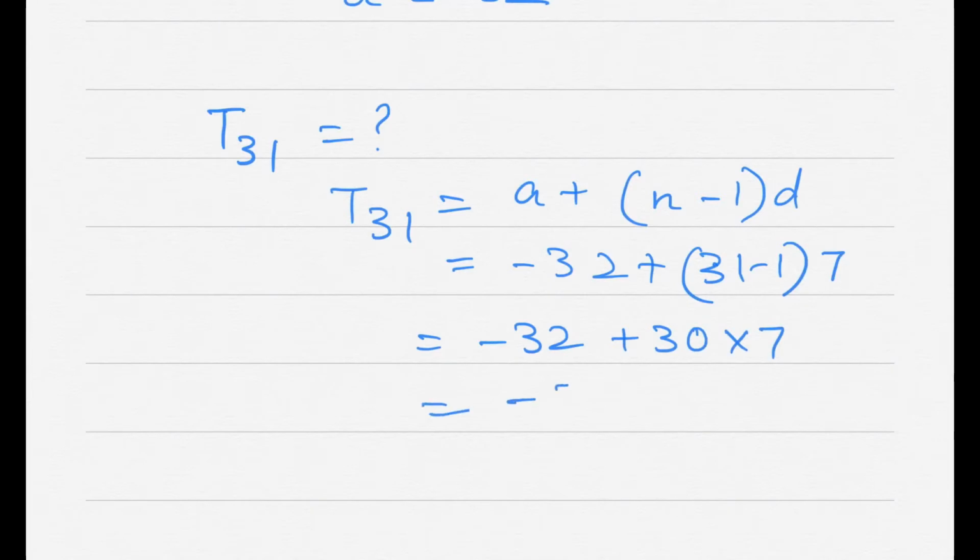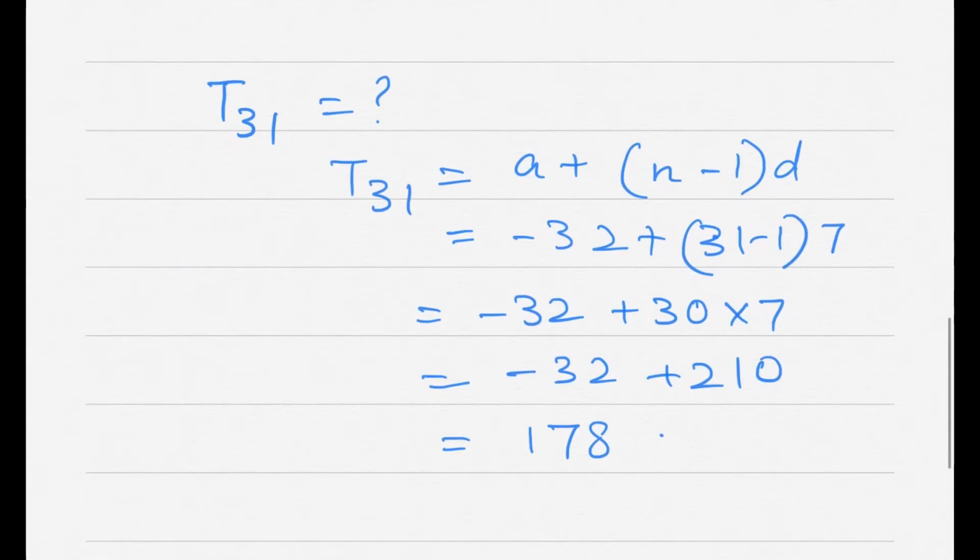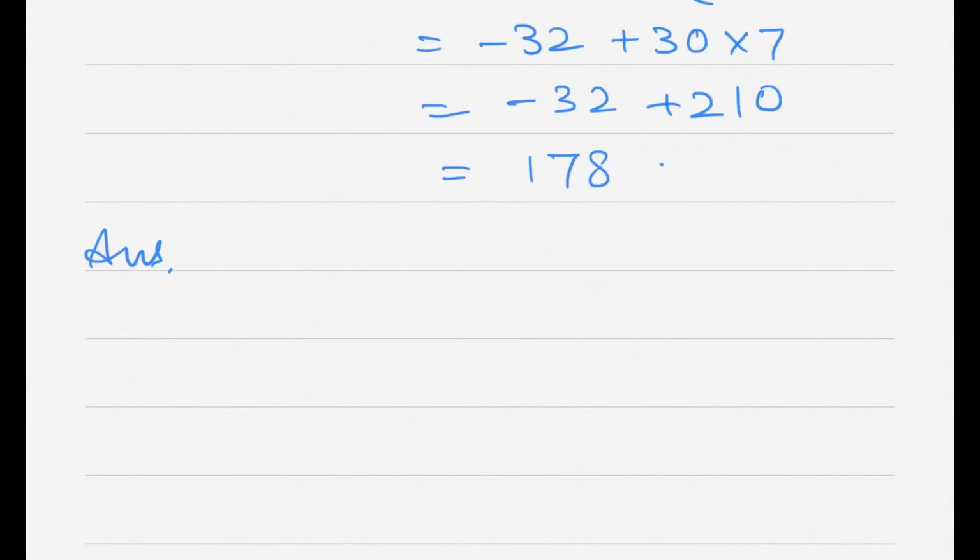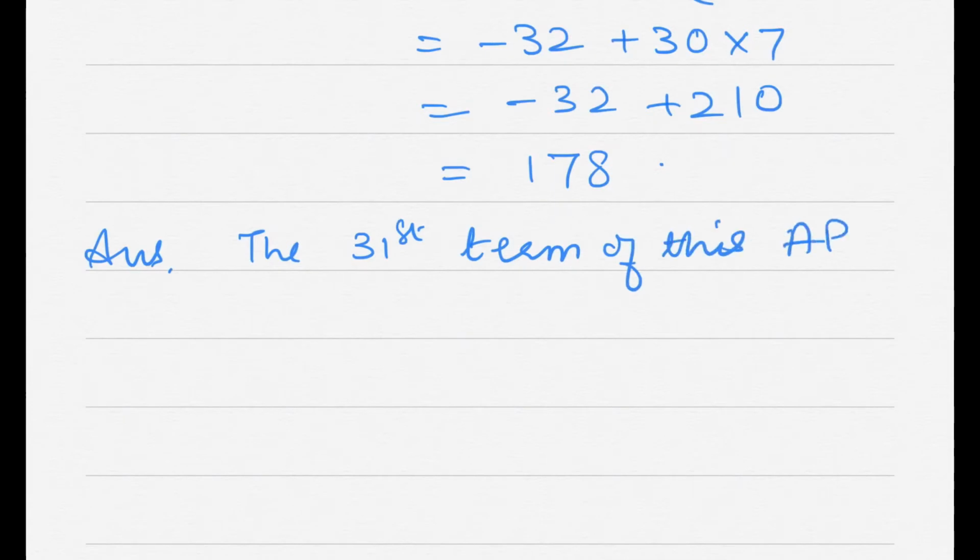So this is equal to minus 32 plus 210. So my answer will be 178, positive, right? So this is my answer. The 31st term of this AP is 178.